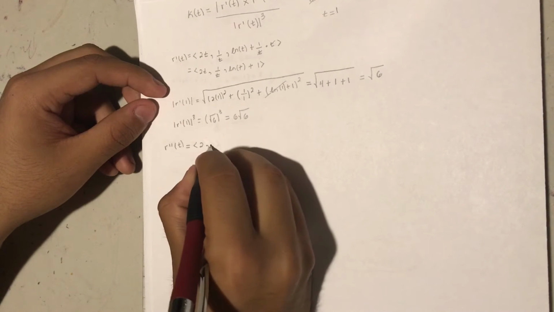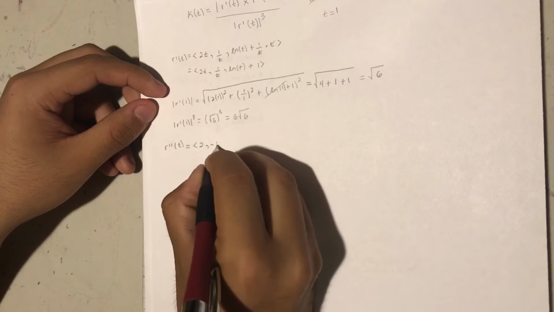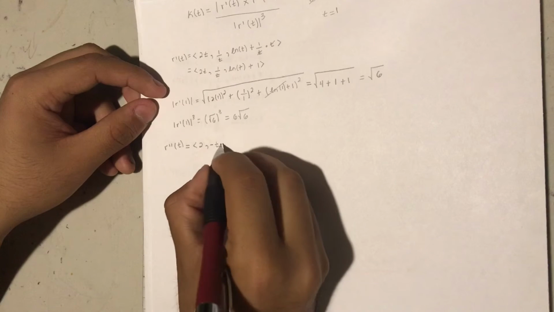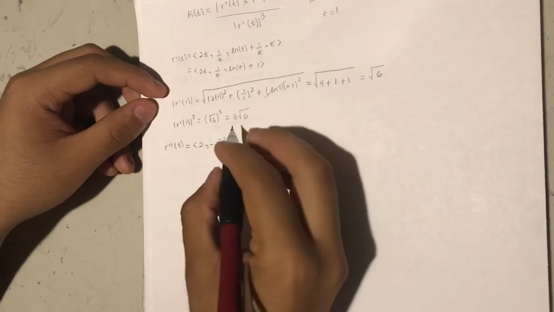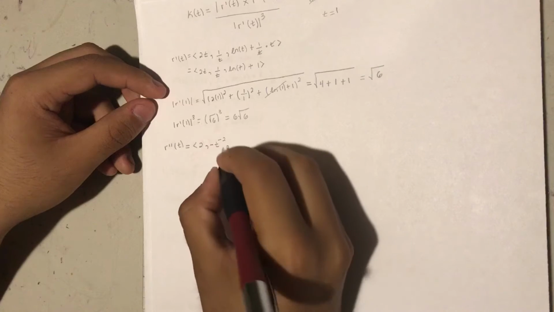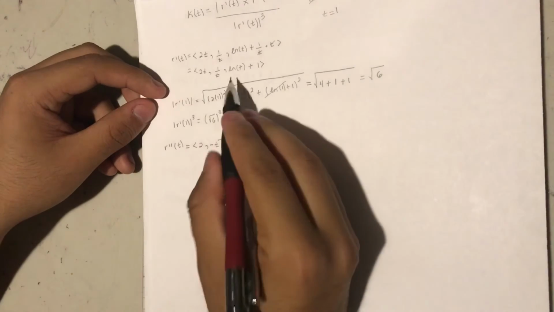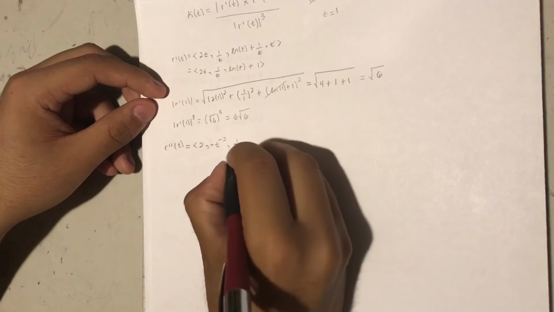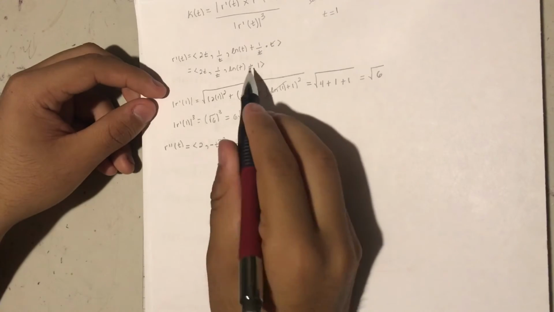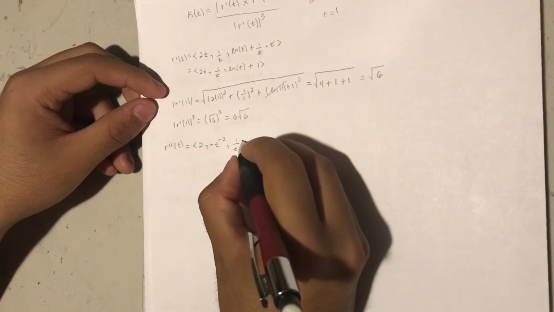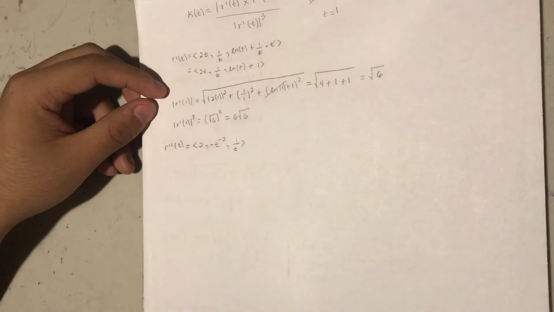So the derivative is negative 1 t, negative 1 minus 1 is negative 2. And then we have the derivative of ln of t, which is 1 over t. And then the derivative of 1 is 0. So we have 1 over t.